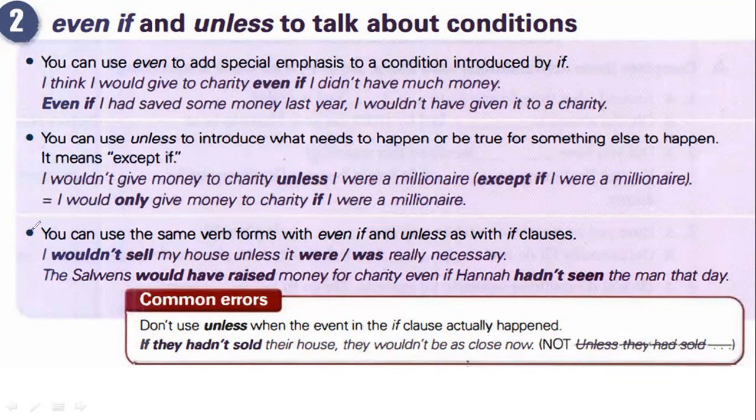You can use the same verb forms with even if and unless as with if clauses. I wouldn't sell my house unless it was really necessary. Okay, so I wouldn't sell my house, but I would if it was really necessary.